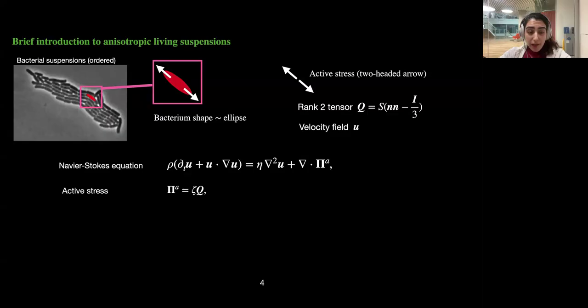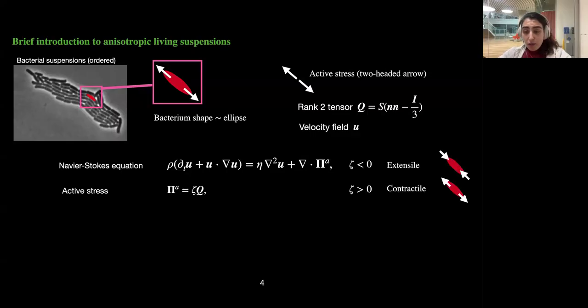So we have an extra active stress in these systems. And I've shown the active stress here is proportional to the nematic tensor. It's along the nematic tensor because the units exert the forces along their elongated shape, and there is a coefficient here.